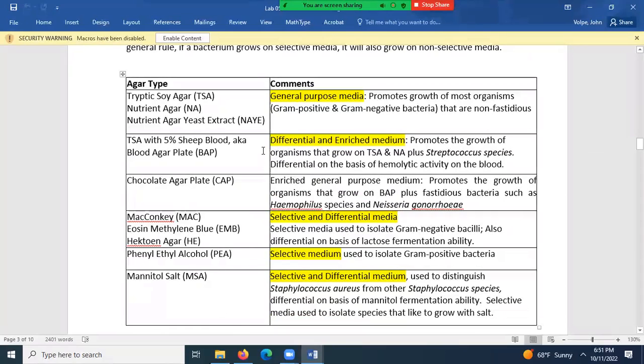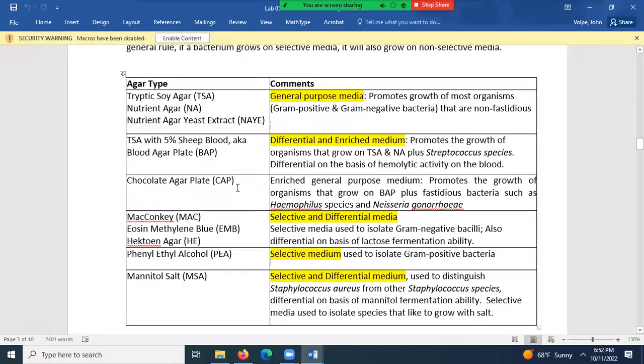There are two plates which are enriched general purpose media, and that is TSA with sheep's blood, which we tend to call blood agar plates or BAP. And it is enriched, but it's also differential, allowing you to differentiate between 3 different species on their hemolytic activity.